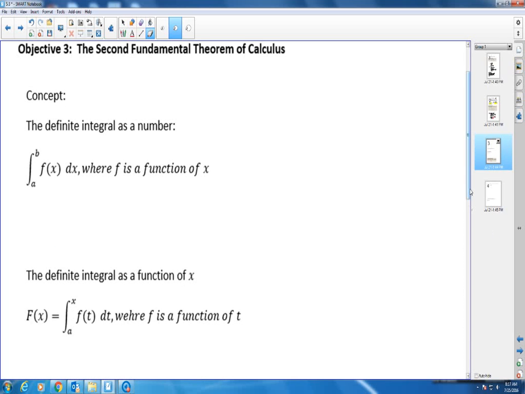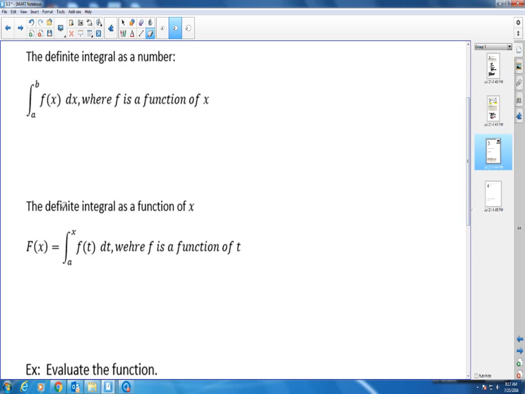Now sometimes this comes up, the definite integral as a function of x, where I'm going to evaluate from a to x. My integral is going to be from a to a particular number, from a to a variable x, whatever that x is.